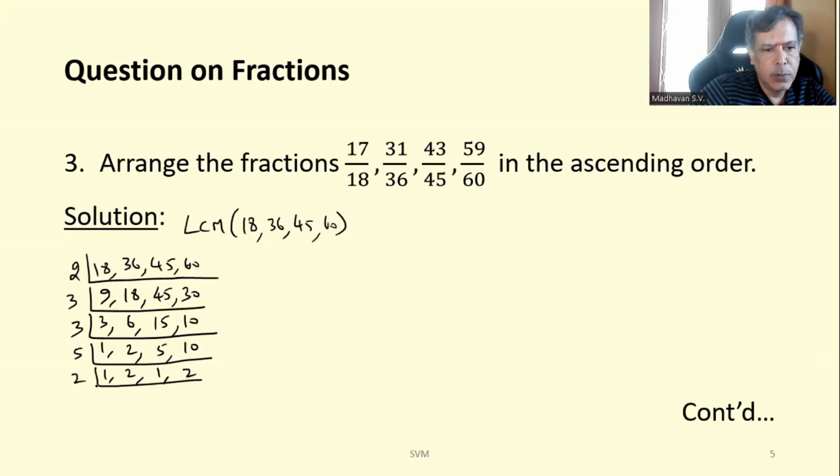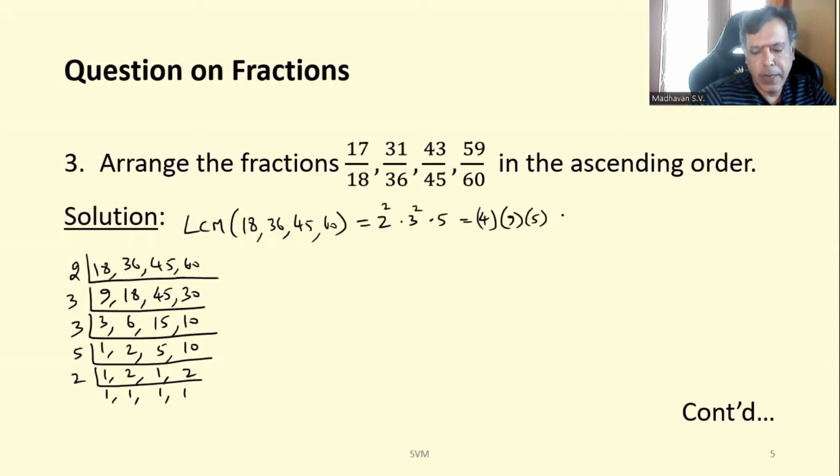Now we'll consider 2, 1, 1, 1, 1, which means this LCM will be 2 to the power of 2 multiplied by 3 square multiplied by 5. That is 4 into 9 into 5. 5 4s are 20, 20 into 9 is 180.